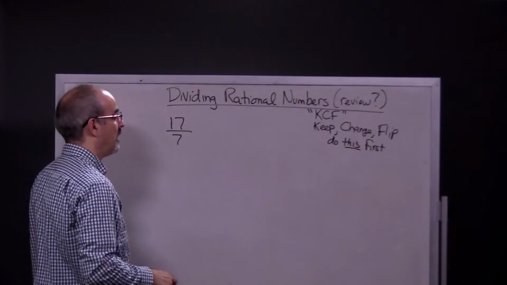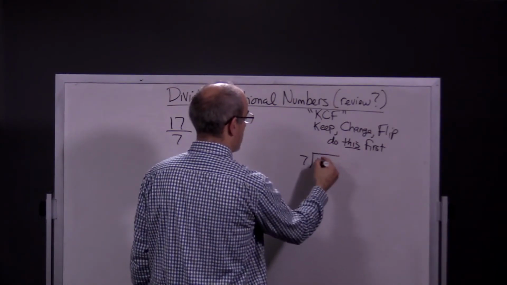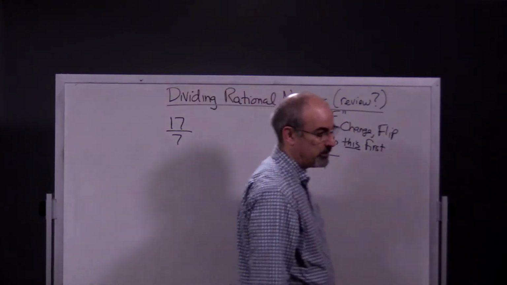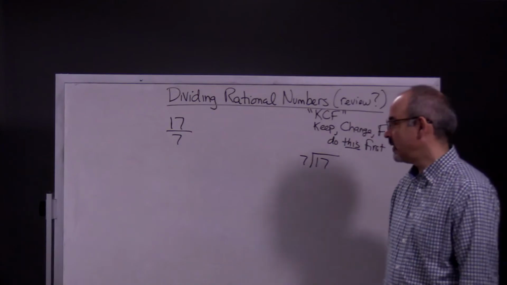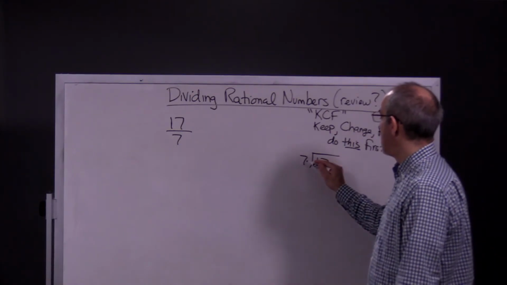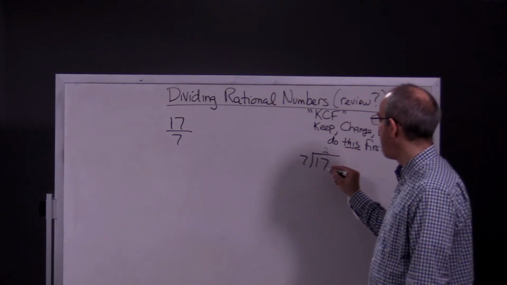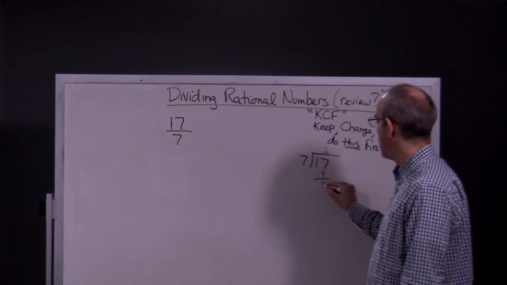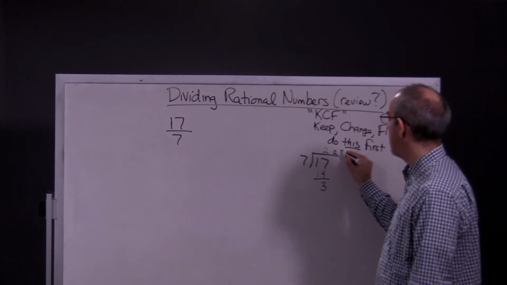17/7. Like I said, the first thing you do is you divide. Now you can do the division on a calculator if you want, but 7 goes into 17 2 times. 7 does not go into 3, so you have a remainder of 3.